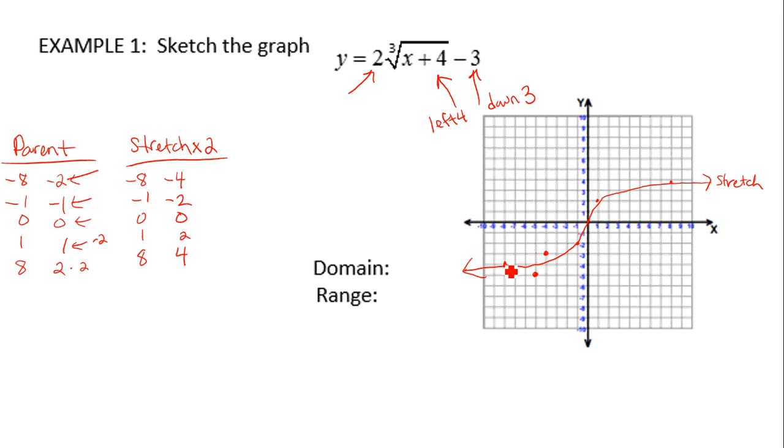If I go left 4 from this one, so I'll stop doing that one. This one right here, left 4, 1, 2, 3, 4, down 3, 1, 2, 3. There it is. And this last dot up here, left 4, over here, down 3, 1, 2, 3 here, and I'll connect my shifted dots here. This is my final answer.